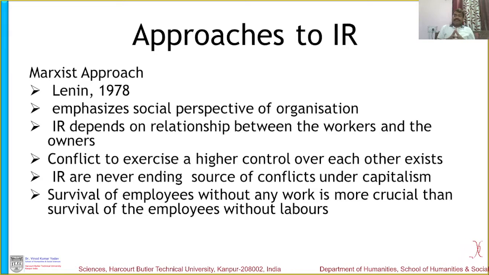At the same time, management also tries to have a better control on employees or workers. Both are trying. The Marxist approach says that both are trying to control each other, and IR is a never-ending source of conflict under capitalism.